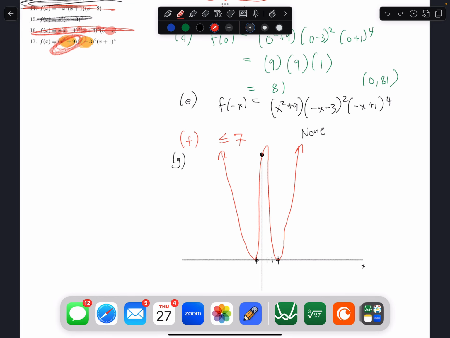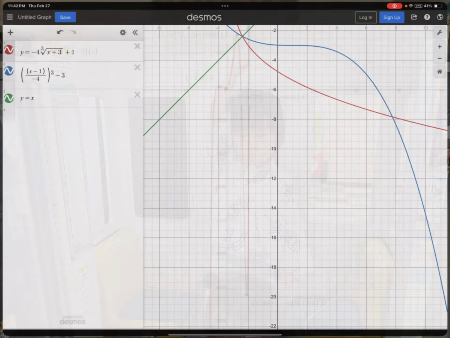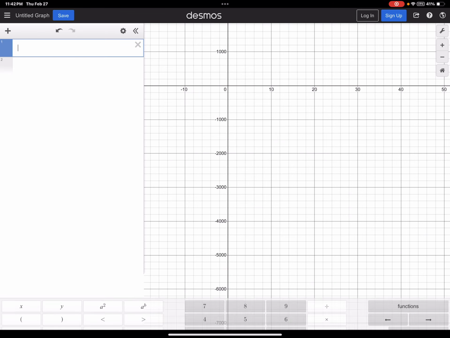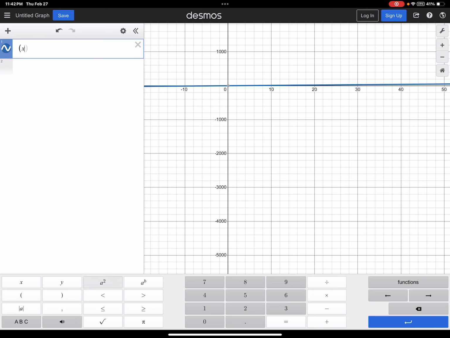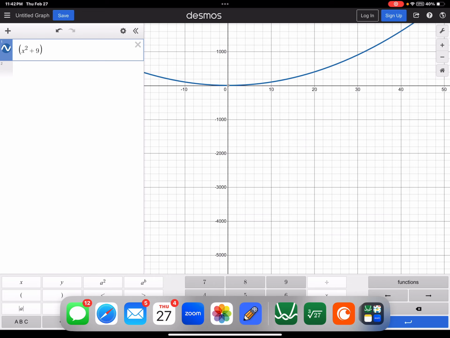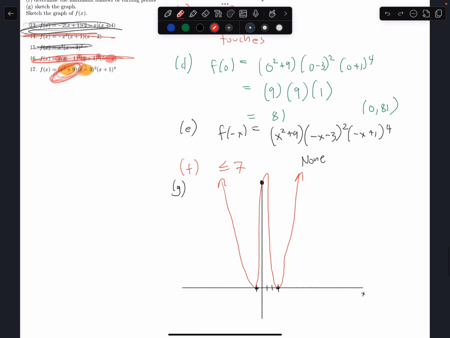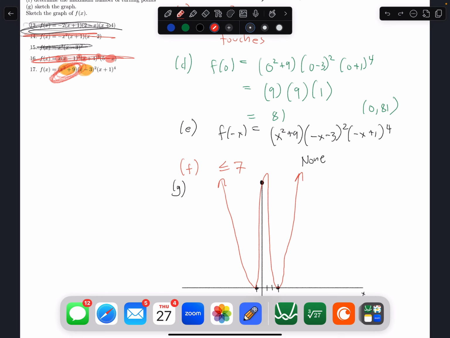Just out of curiosity, let's see what this looks like. x squared plus 9, x minus 3 squared, x plus 1 to the 4th.